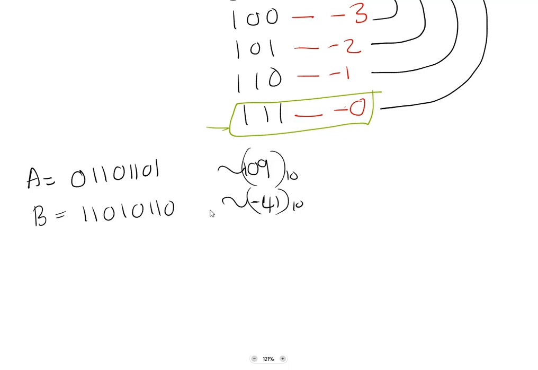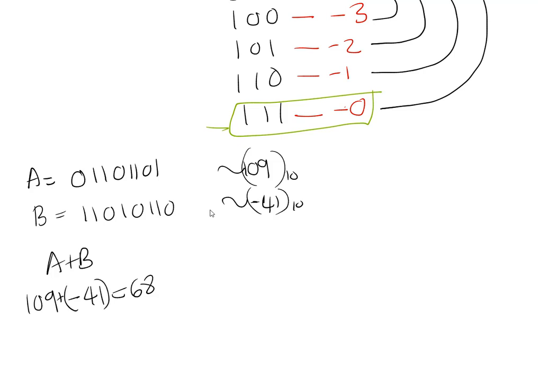We can do all subtraction using addition as well, just representing it using a negative number. So if I say A plus B, I'm actually saying 109 minus 41, which is 68.